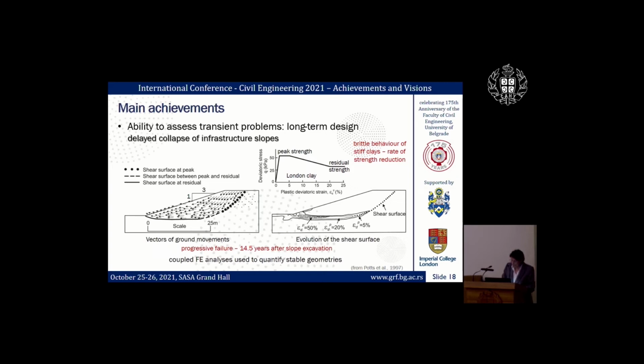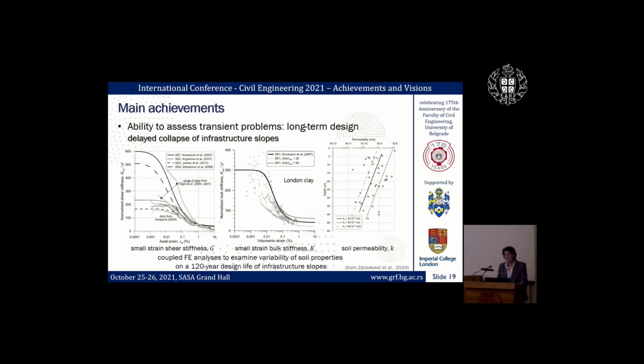And even more recently, a similar type of problem, the construction of the high-speed rail line that is currently going on in the UK, has clearly come from the start of the project with the request for a guarantee of a 120-year design life of those cut slopes. And designers again found themselves in a bit of a conundrum of how to prove this.